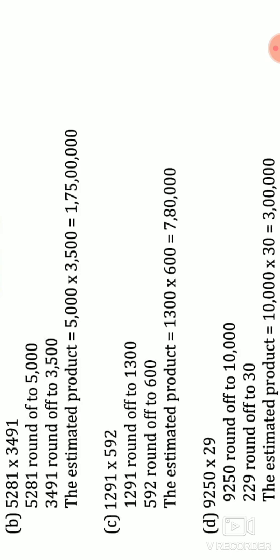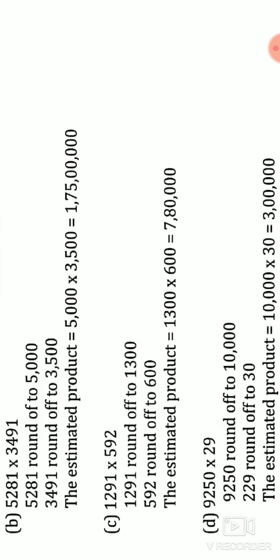First you have to round off to the nearest 100 values. 1291 rounded off to its nearest 100 value is 1300. Therefore 1291 rounds off to 1300.